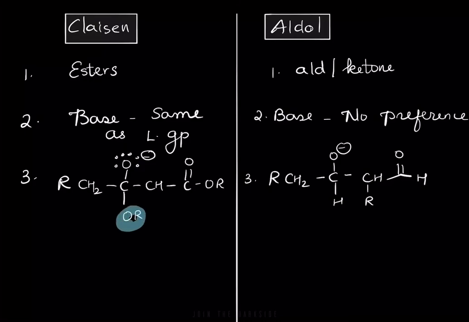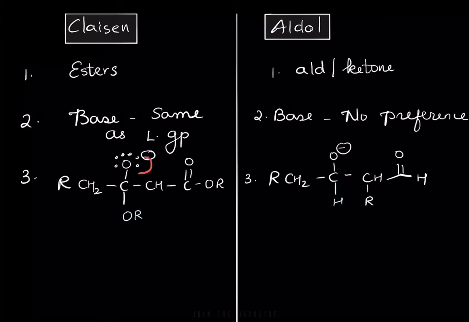The main difference in mechanism is that here you have a leaving group. The alkoxide ion would be the leaving group. But here there is no leaving group. Remember, hydrogen and carbon have pretty much the same electronegativity, and therefore hydrogen is resistant to leaving, right?